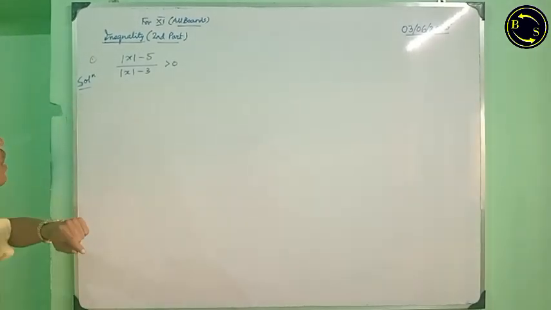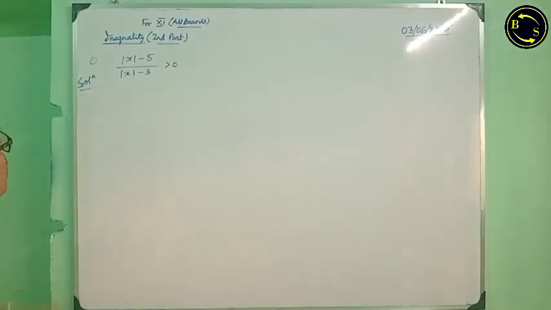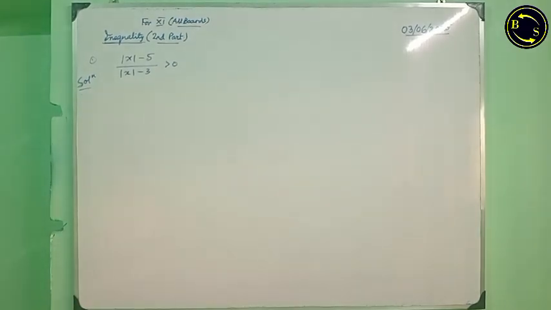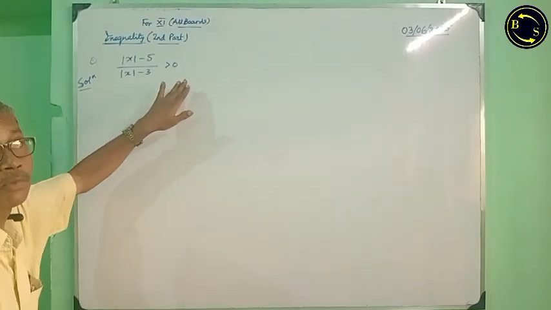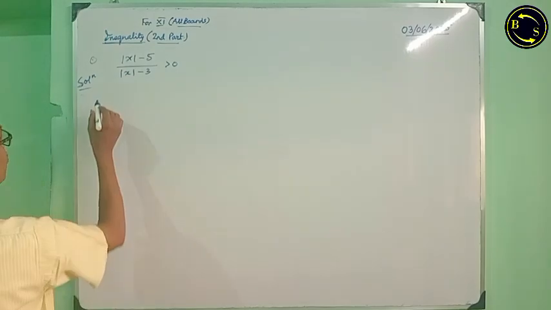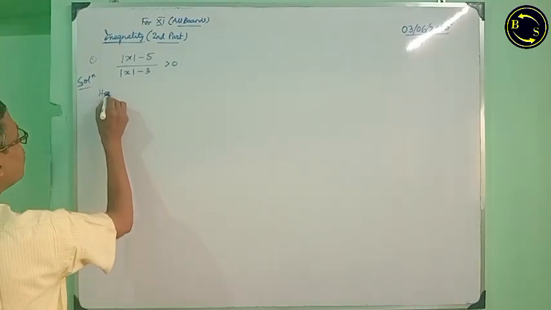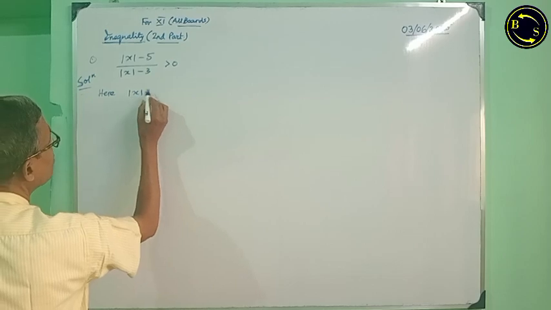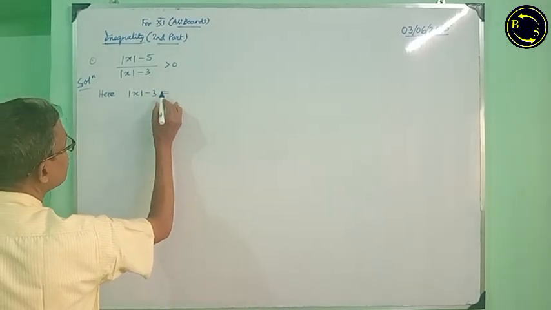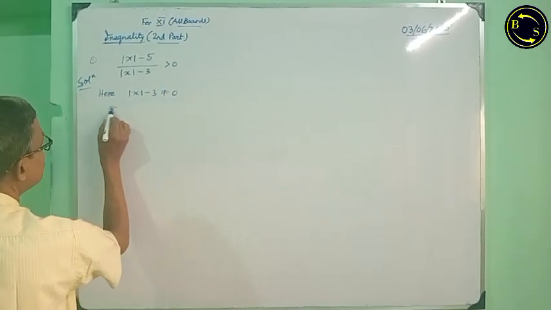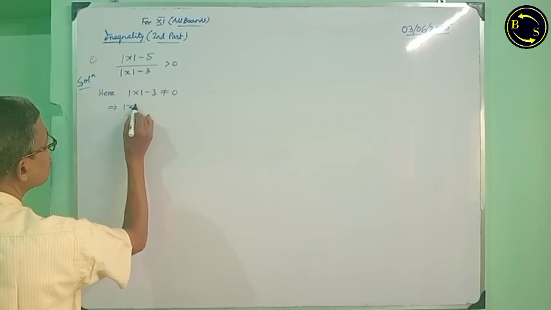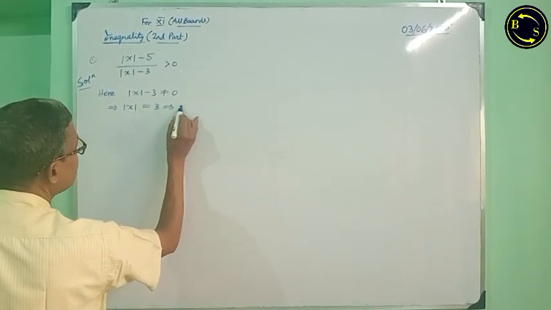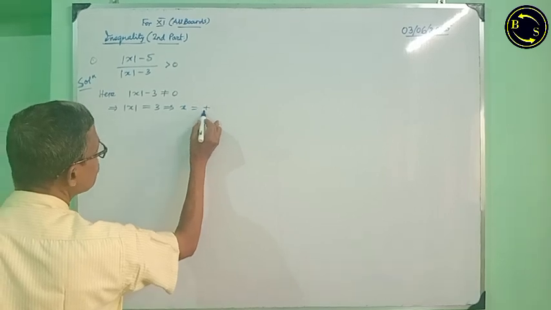Now this sum is in fraction form: numerator is mod x minus 5, denominator is mod x minus 3, fraction is positive. Here mod x minus 3 is not equal to 0, means mod x not equal to 3, that is x is not equal to plus minus 3.